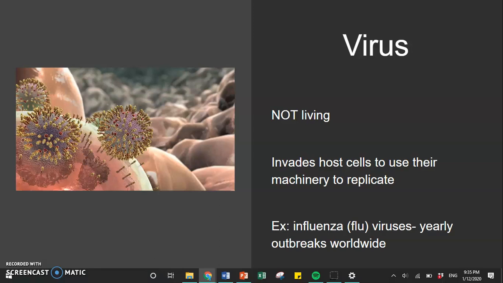They cannot reproduce on their own like everything else. They don't have their own metabolism, so they can't process their own food. And in order to eat and metabolize and reproduce, they have to invade host cells to use their machinery. And that's what the flu does.